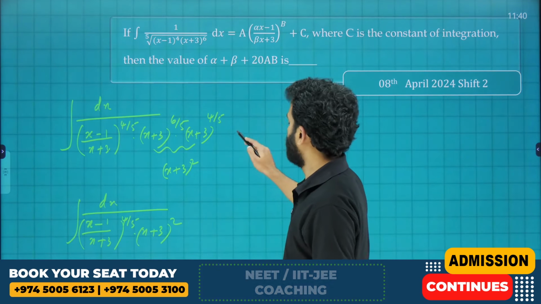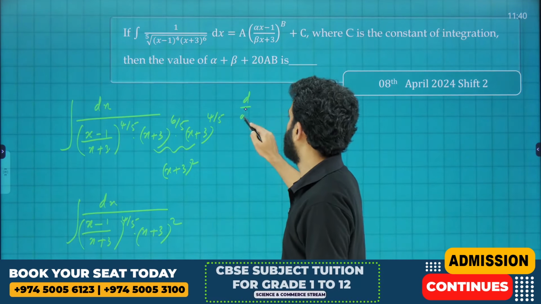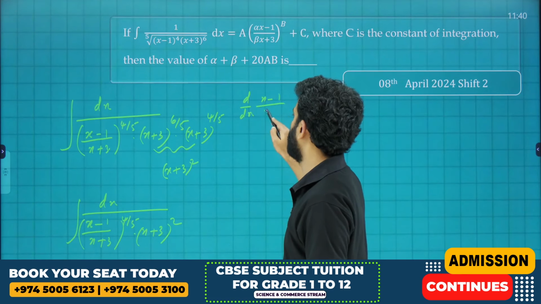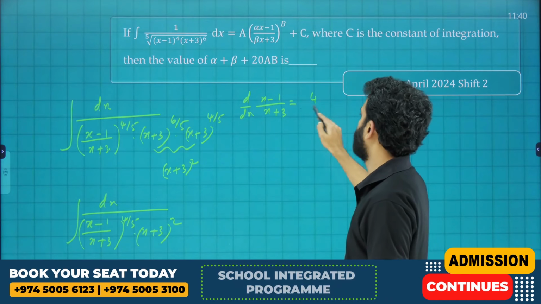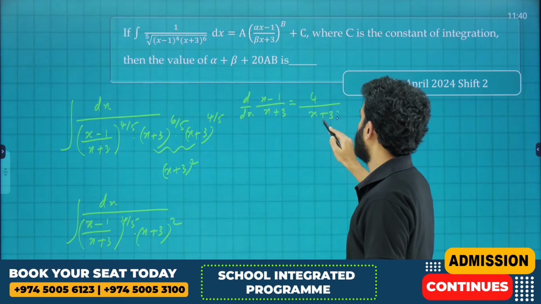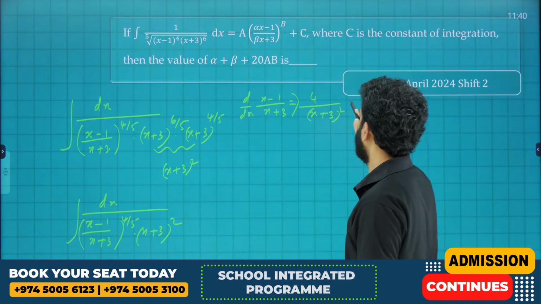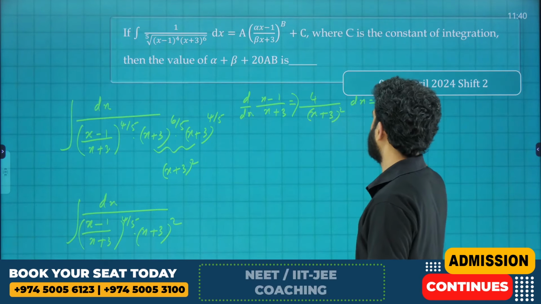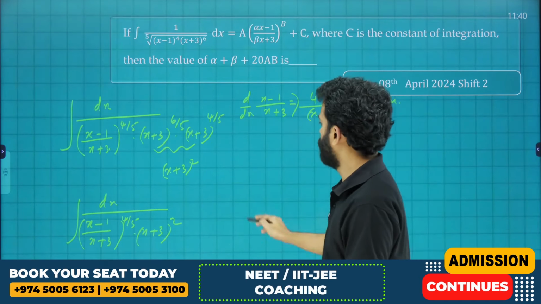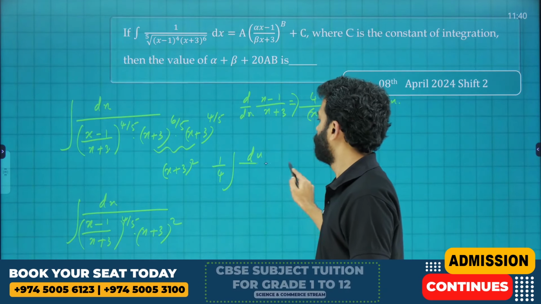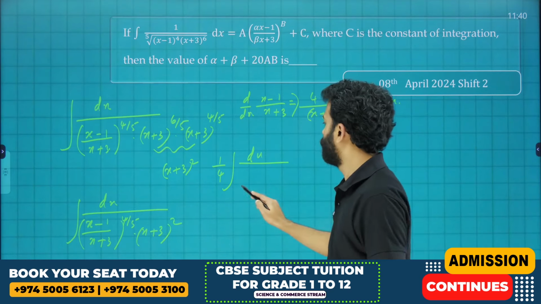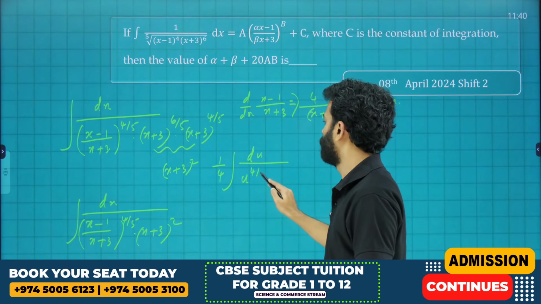Its derivative will be d by dx of x minus 1 divided by x plus 3, subtract this, you will get 4 by x plus 3 the whole square. That is, 4 by x plus 3 the whole square dx is equal to du. Therefore dx by x plus 3 the whole square will be 1 by 4 into du, divided by u raised to 4 by 5.